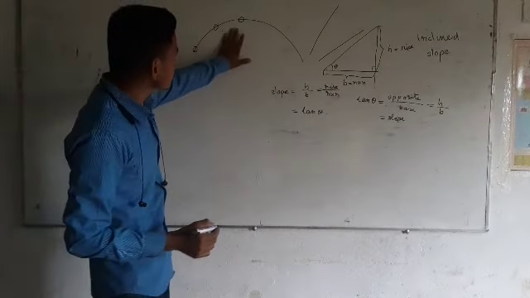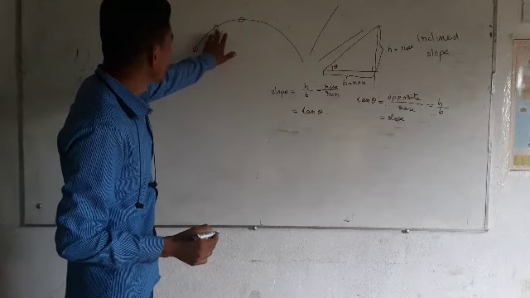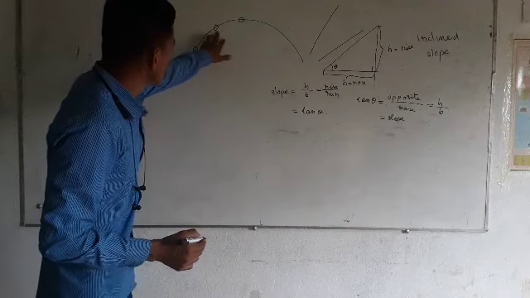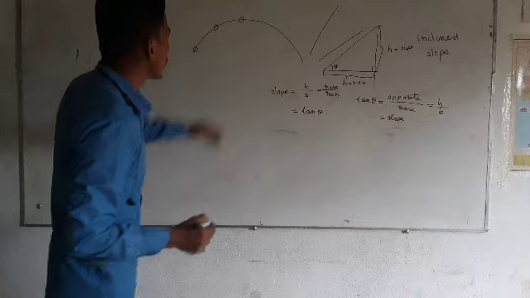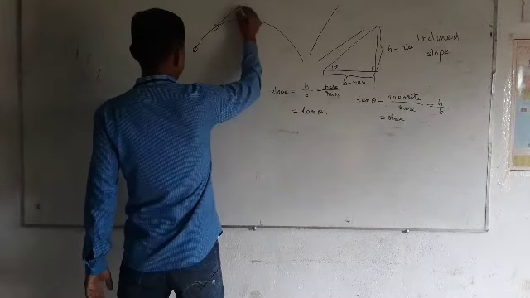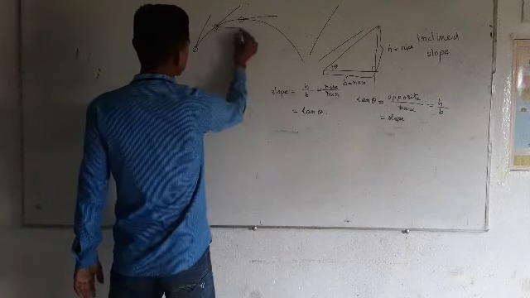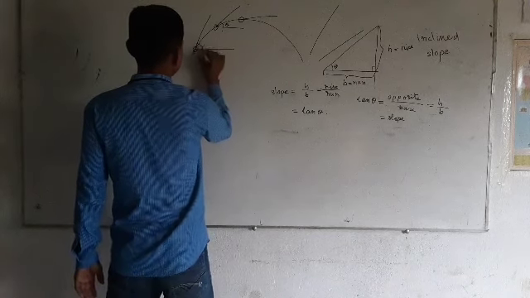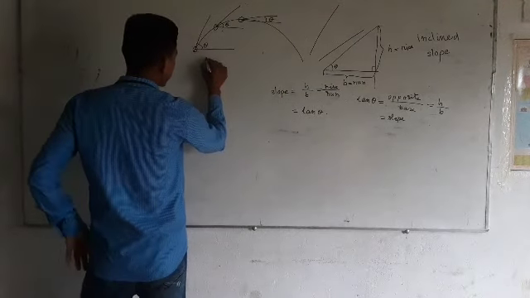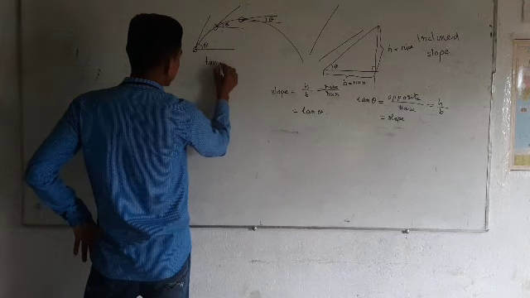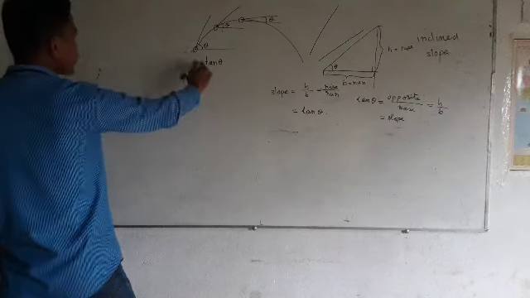And to measure the slope of the region around this point, I just draw a tangent like this, like this, like this, and then find the angle made by this tangent with the horizontal. And then after that I find the value of the tangent of the angle theta. This gives the value of the slope.